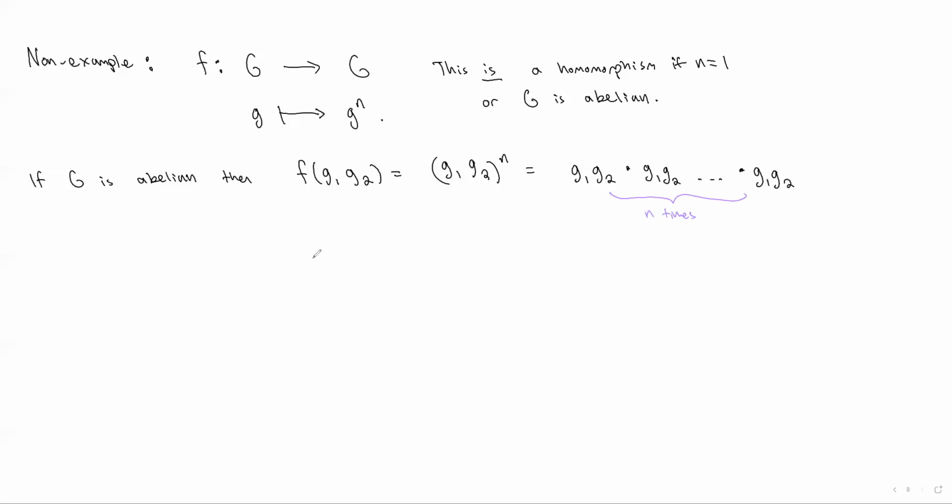And then if you do f of g1 times f of g2, you get g1 to the n times g2 to the n. So that's g1 times g1 n times, then times g2 times g2 n times, and these are equal.